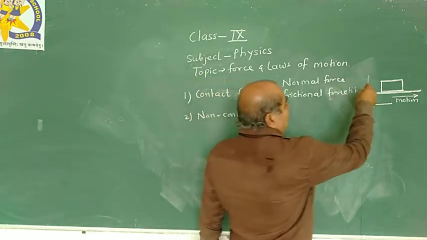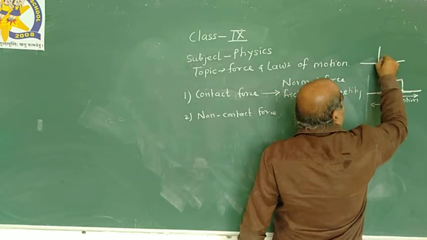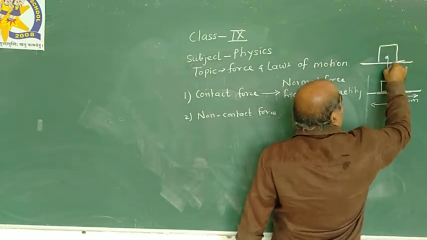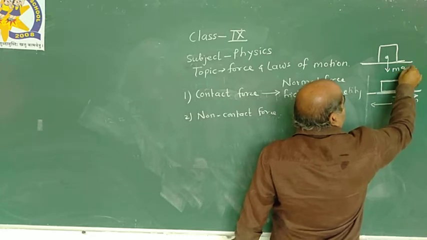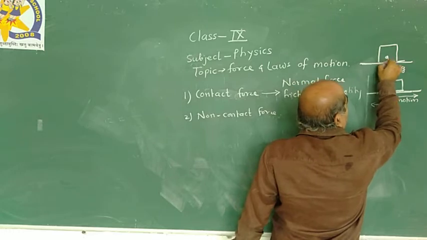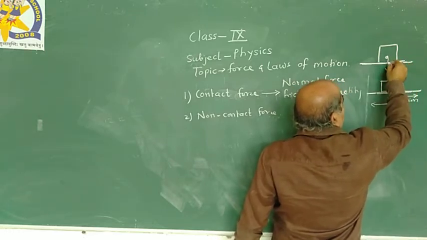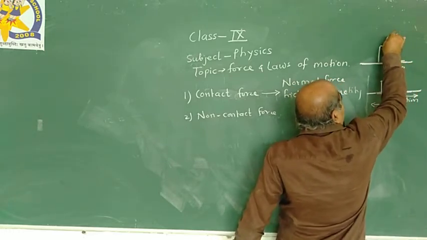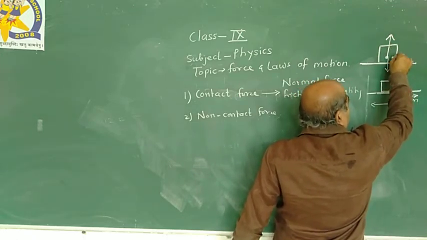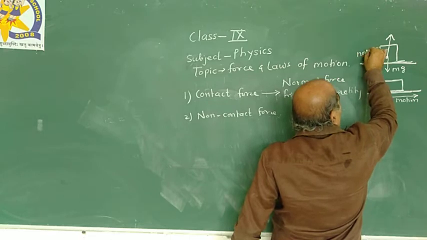Then normal force is when a body is kept on the surface of the road. The weight mg is acting in the vertically downward direction, and this is the action, and a force is acting in the upward direction by the surface on the body, normal to it.